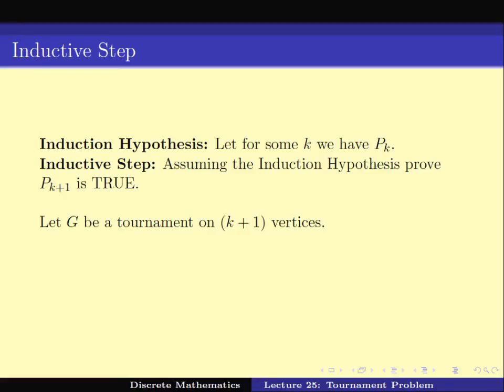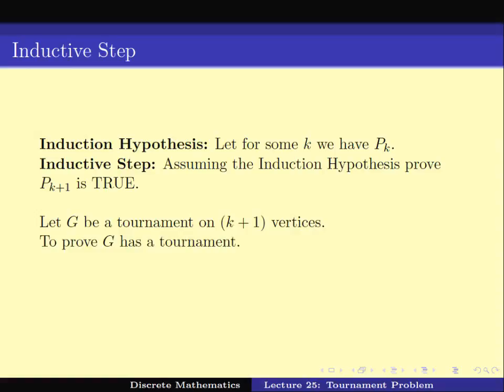Now if we have to use the induction hypothesis, we have to reduce the problem into a smaller case. So how do we do it? If you remember the last problem that we did, which was the handshake problem, we picked up a pair of vertices of a particular kind and then inducted on that.